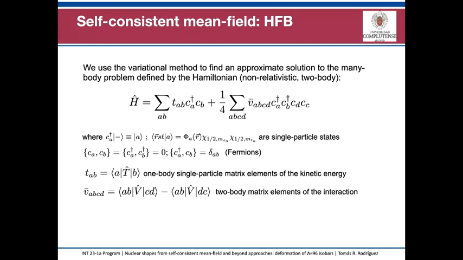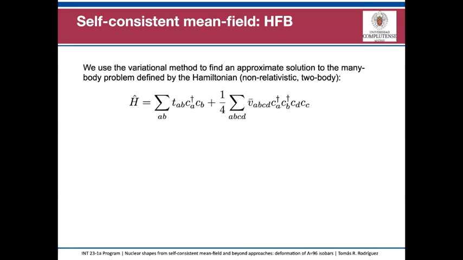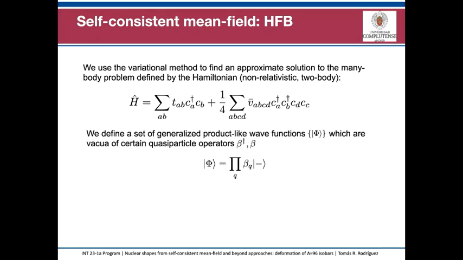If we want to invoke the variational principle, we have to define trial wave functions. These are this kind of wave functions, this phi. These phi are just the product of these operators, beta dagger, which are in fact the so-called Bogoliubov quasi-particle operators. This is the way we define the trial wave functions.